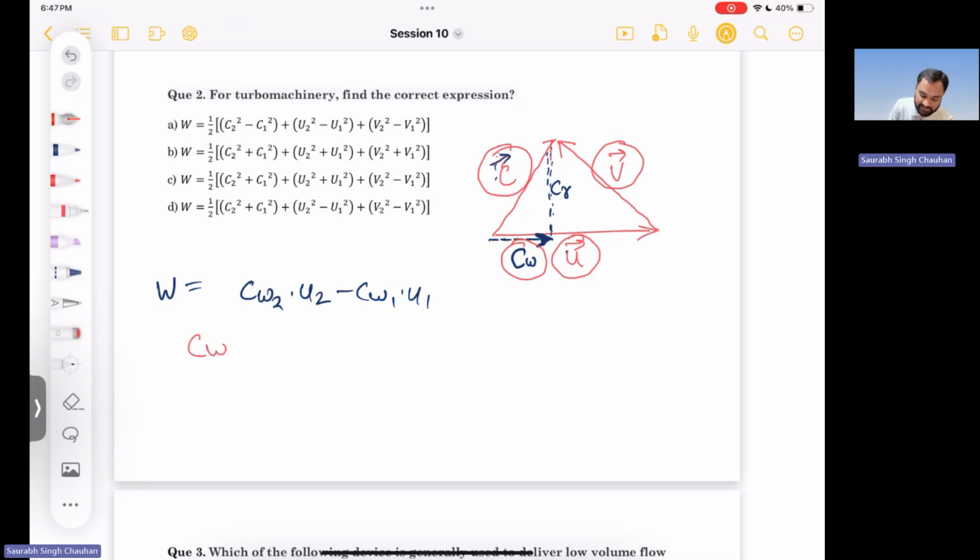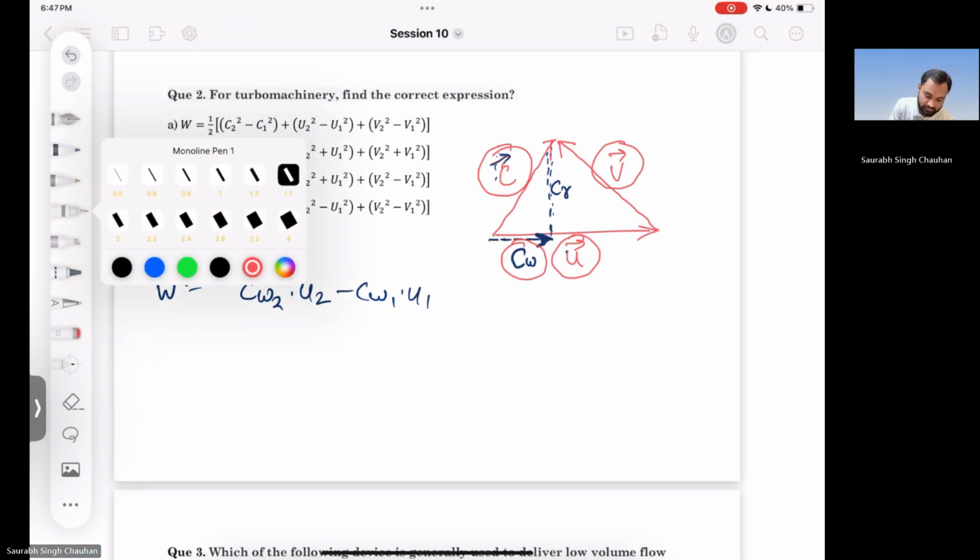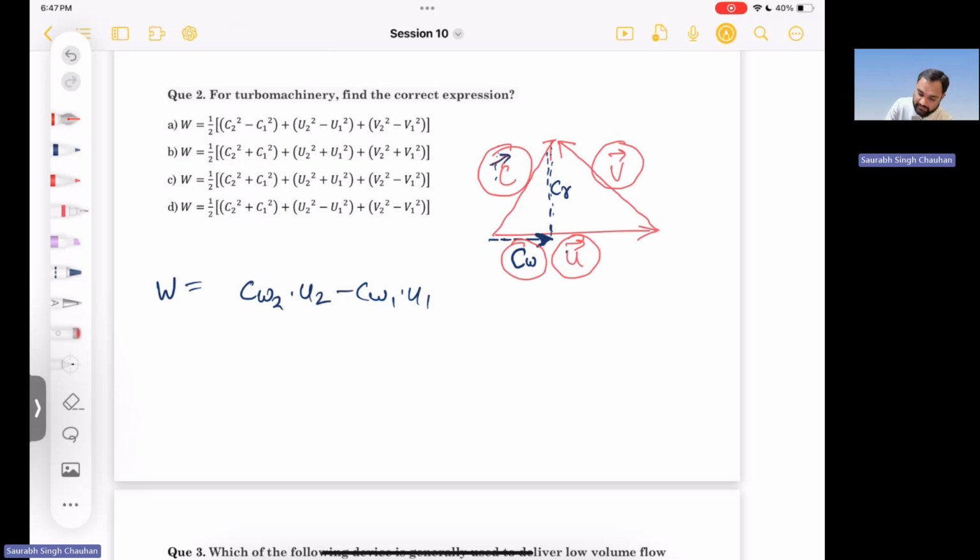If you see this green triangle, then you can write C square is equal to CW square plus CR square. So CW square is basically C square minus CR square, right?